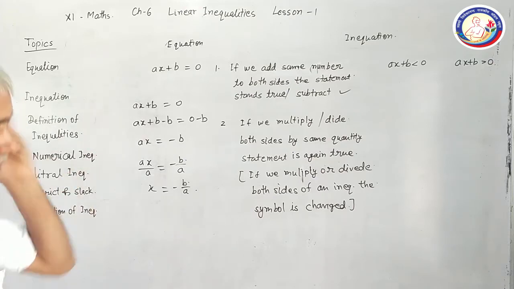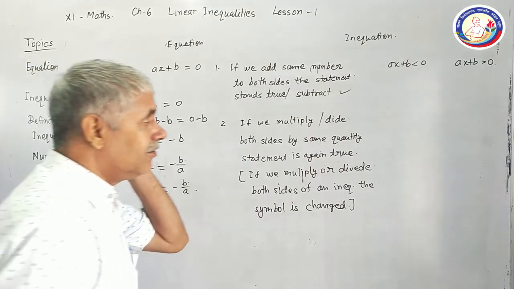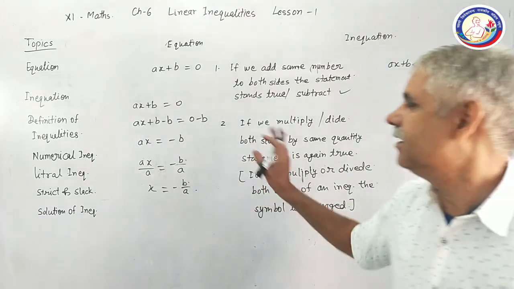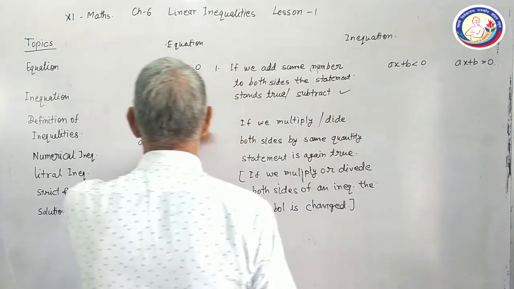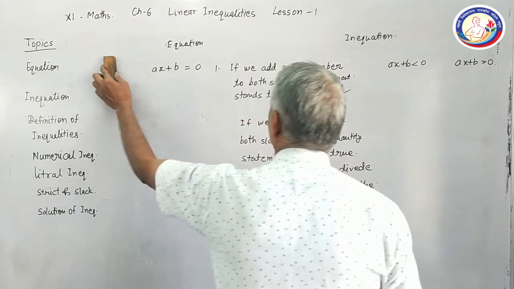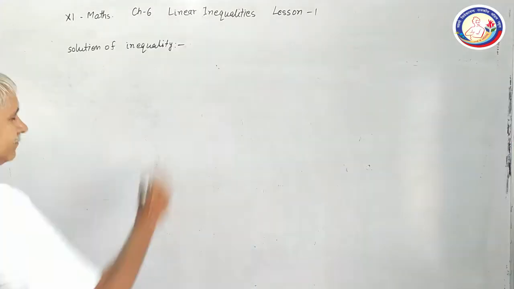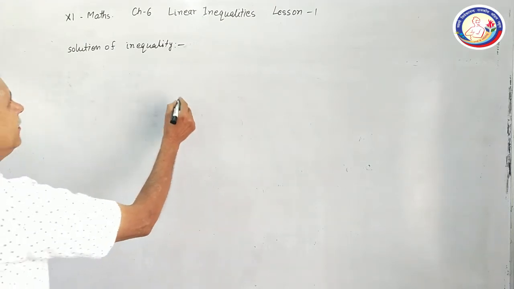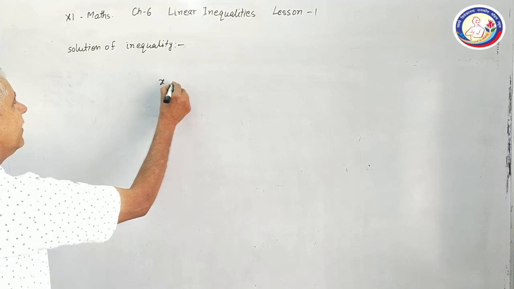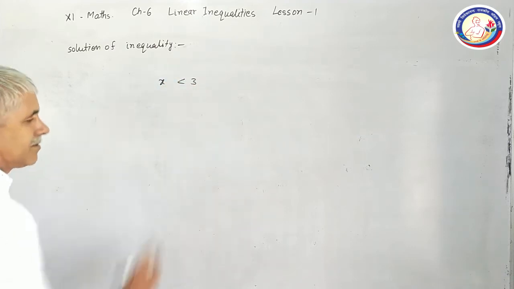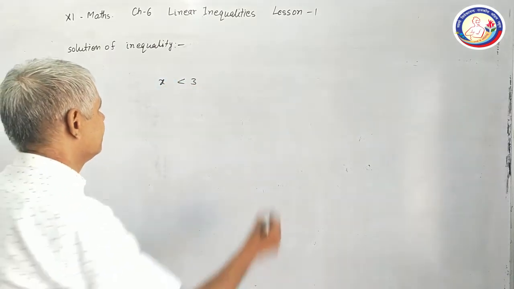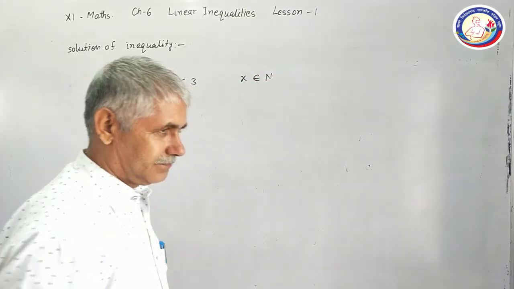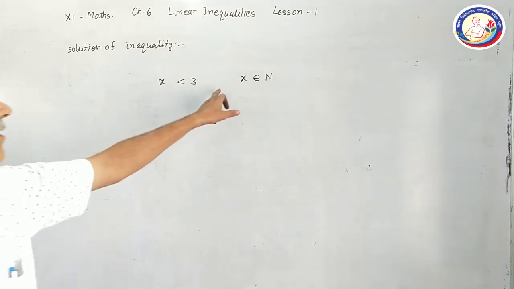So what is an equation and what is the meaning of an inequation? I think it is clear now. Now what is the solution of any inequation? I consider one inequality: x is less than 3, x belongs to N, say x is a natural number.